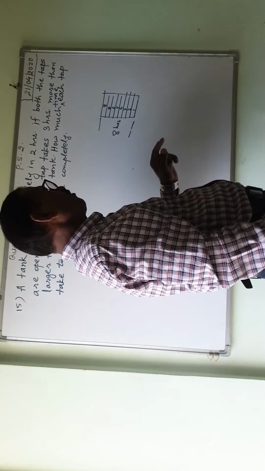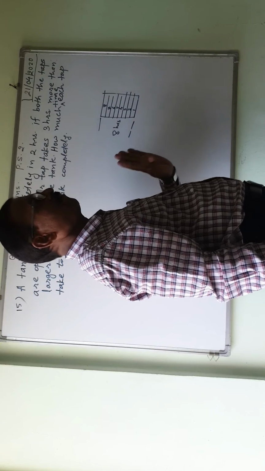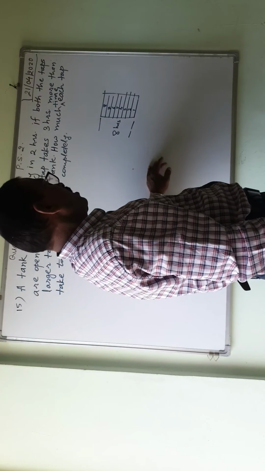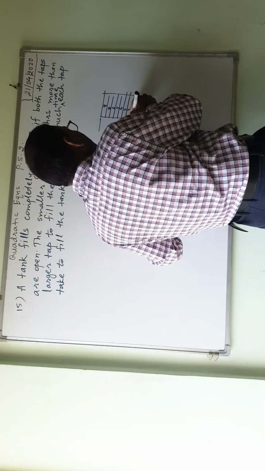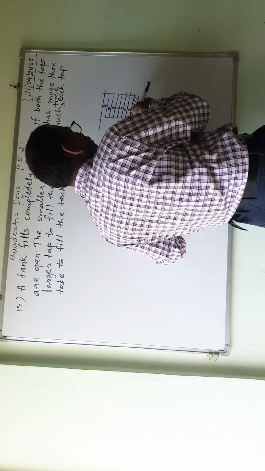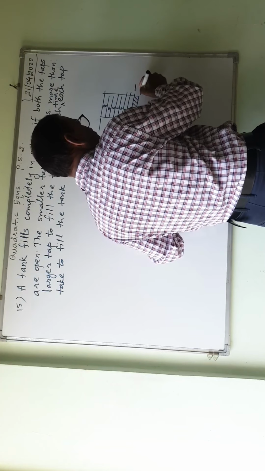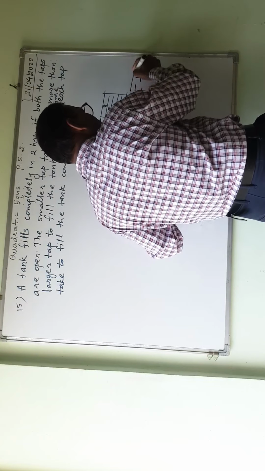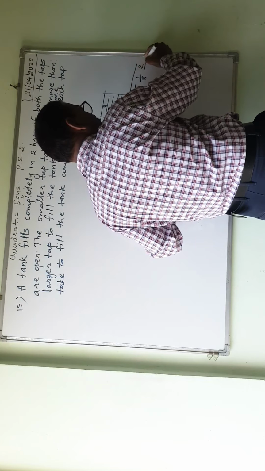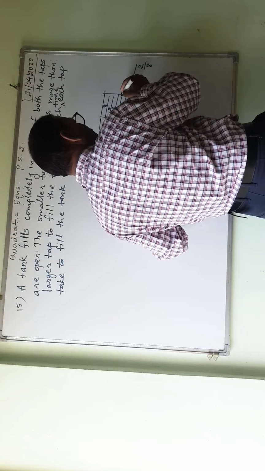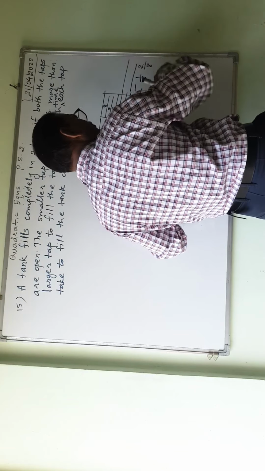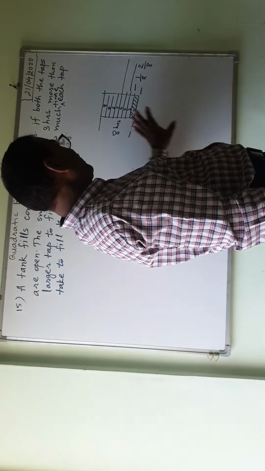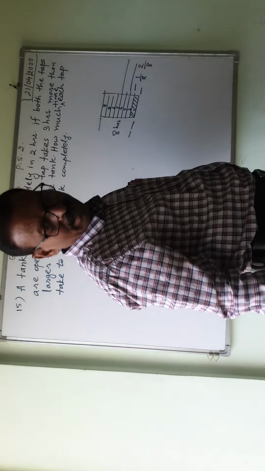That is the meaning of filling in 8 hours. In 1 hour, it will fill this much part. What is the value of this part? This is 1/8. In 2 hours, how much will it fill? 2/8. In 4 hours, 4/8. In 8 hours, 8/8, means 1.